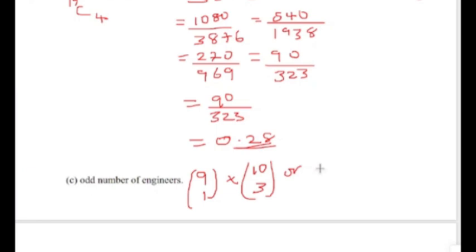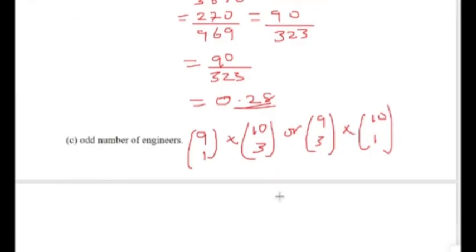We could also have the situation where we have 3 engineers selected, so 9 combination 3, and just 1 journalist selected. So these are the possibilities. Remember, it's probability. We are still dividing by the total possible outcome, which is 19 combination 4.